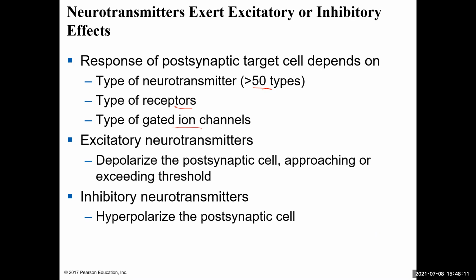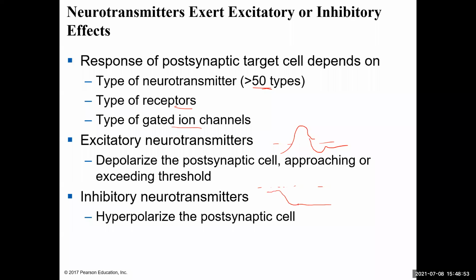You can have excitatory neurotransmitters, which will depolarize the postsynaptic cell, causing it to go over the threshold and have an action potential. Or it could be an inhibitory neurotransmitter, basically causing hyperpolarization, so it doesn't go over that threshold, and it inhibits a response from that target cell, basically stops it from doing so. You can have neurotransmitters that are excitatory or inhibitory. Okay.